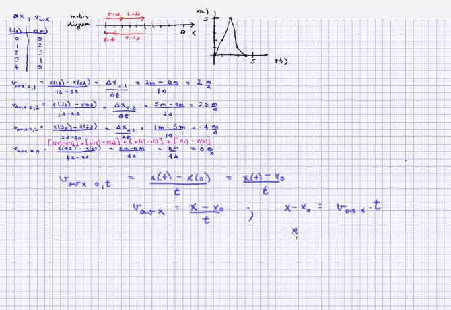And finally, x is equal to x naught plus the average velocity times time. And that is one of our kinematic equations. So we started off with this definition and we ended with that.